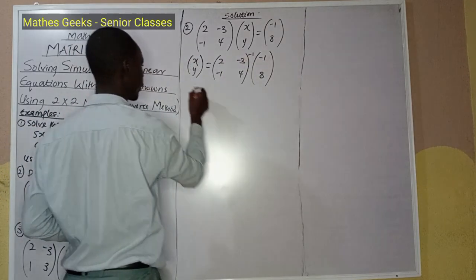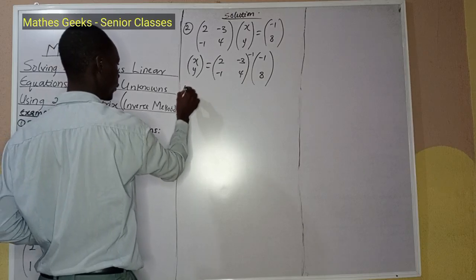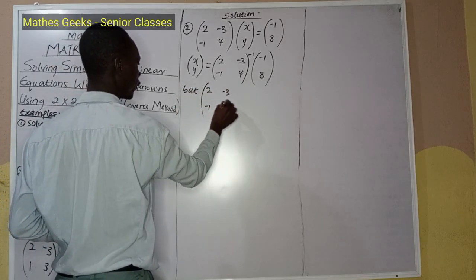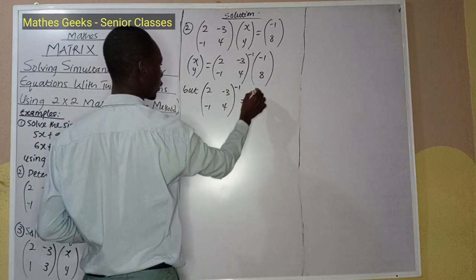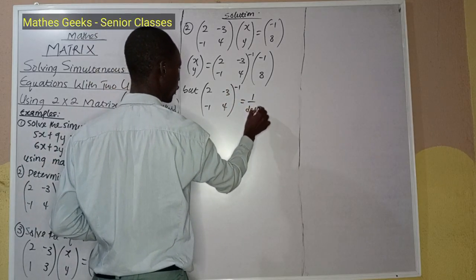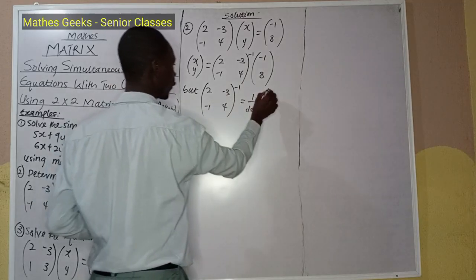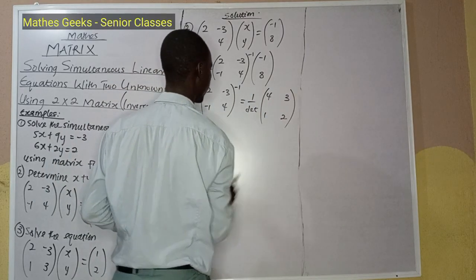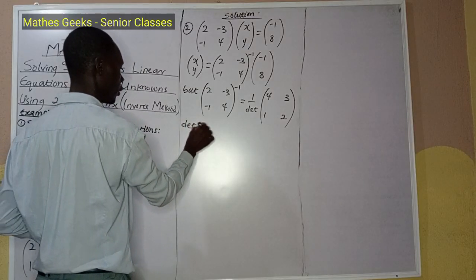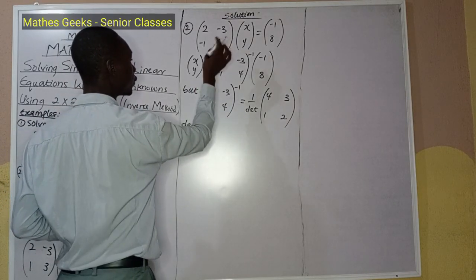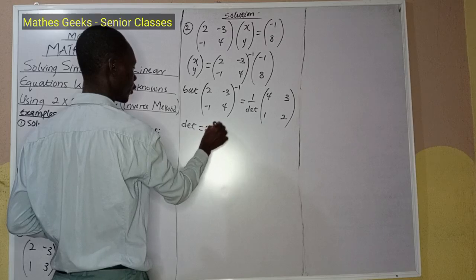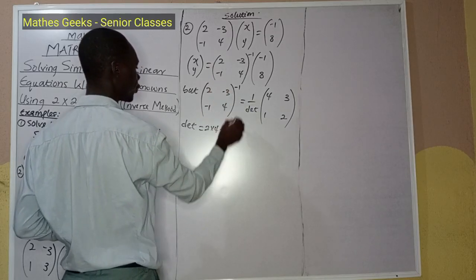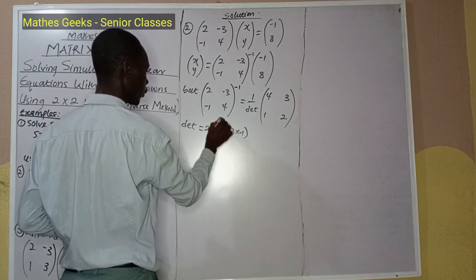But the inverse of 2, minus 3, minus 1, 4 equals 1 over determinant and 4, 3, 1, 2. So we're going to get the determinant. The determinant is 2 times 4 minus minus 3 times minus 1.